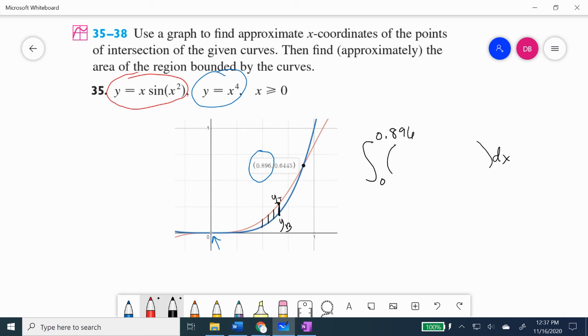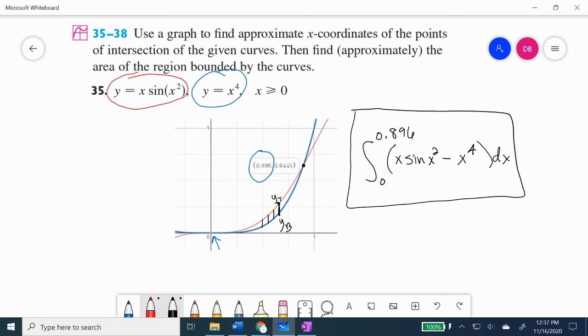And its length times dx. The length is y top minus y bottom. And then at this point, you can put that in your calculator and allow your calculator to solve that integral for you. And I'm going to leave it there.